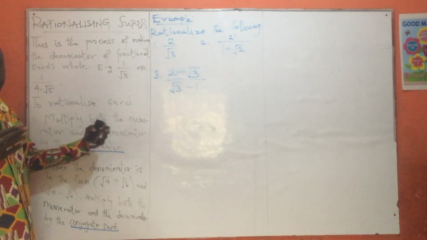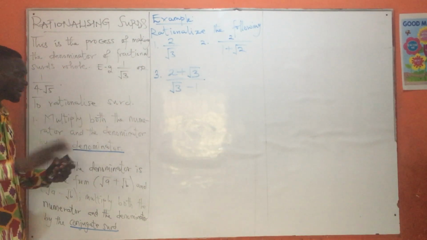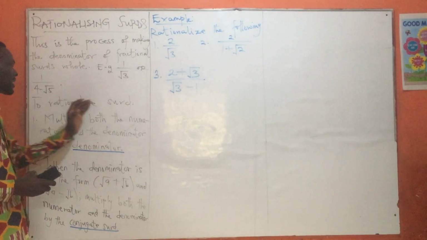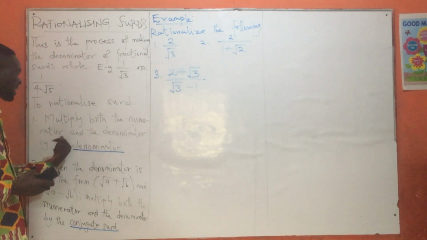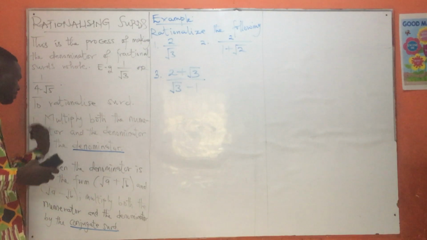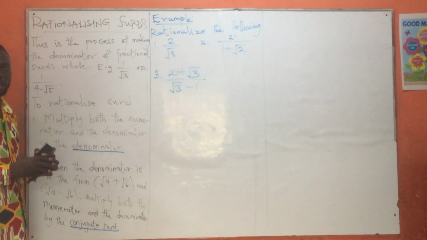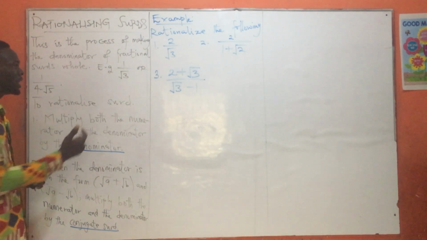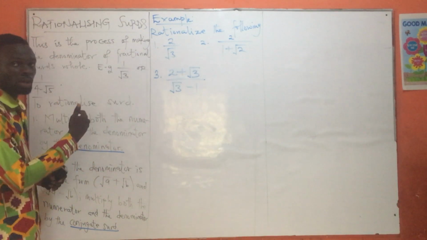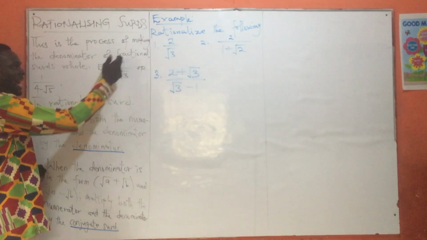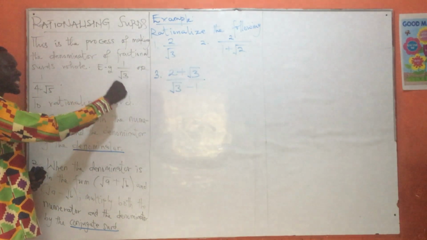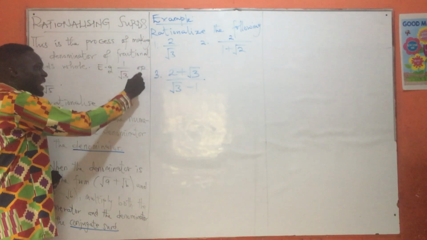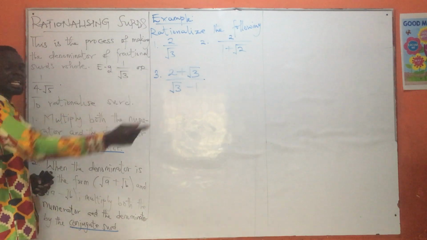We have two different things we have to note. Number one, to rationalize surds, we multiply both the numerator and the denominator by the denominator. That is the first thing you have to know. So if you take this example, and I want to rationalize this surd, I am going to multiply the numerator and the denominator by the denominator.